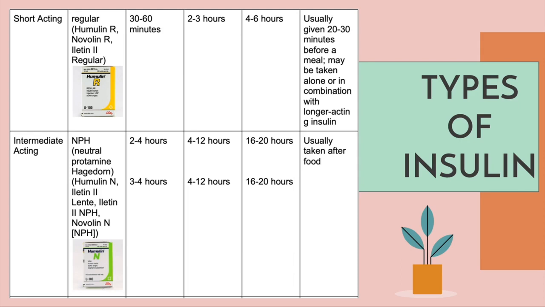For Humulin and the others, the onset is 3 to 4 hours with a peak of 4 to 12 hours and a duration of 16 to 20 hours. These intermediate-acting insulins are usually taken after meals.